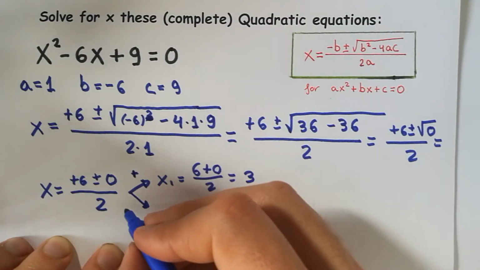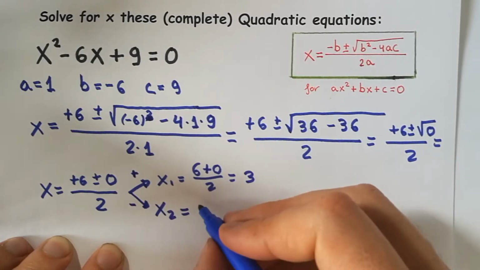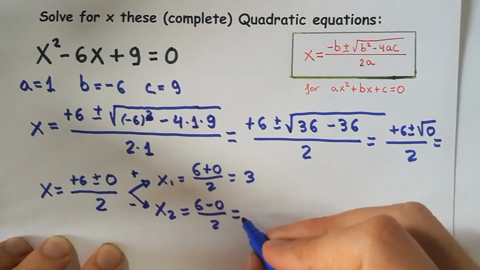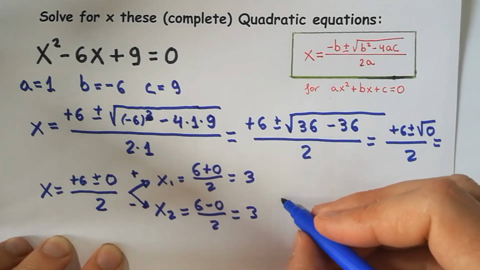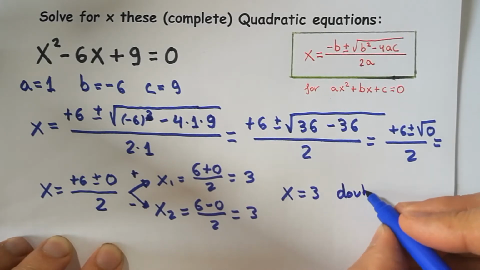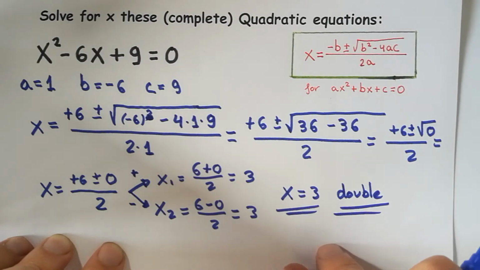And if we use the minus sign, we get the second solution, 6 minus 0 over 2 is again 3. So we say that x equals 3 is a double solution, a solution that is valid 2 times.